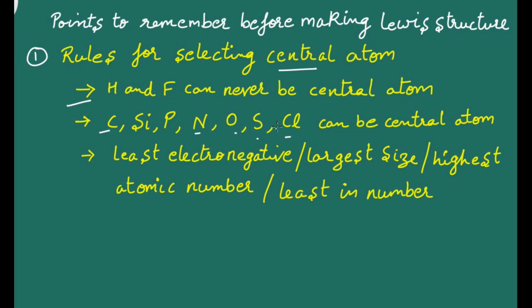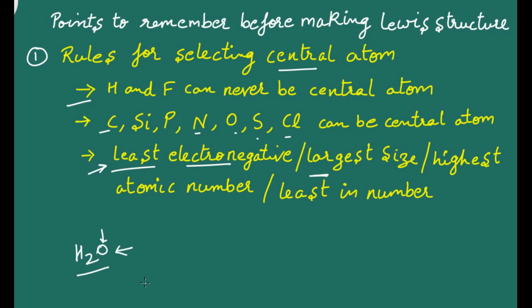Now what is it that decides which one is the central atom and which one is not? For that you can take general things like least electronegative atom. Let us consider water. Now there are 3 atoms, 2 hydrogen and 1 oxygen. Least electronegative. Now oxygen is really electronegative, but look at the second one, largest size.